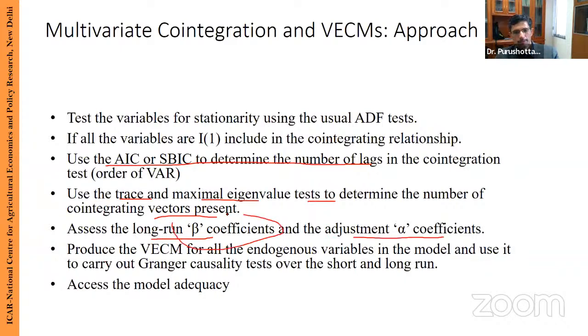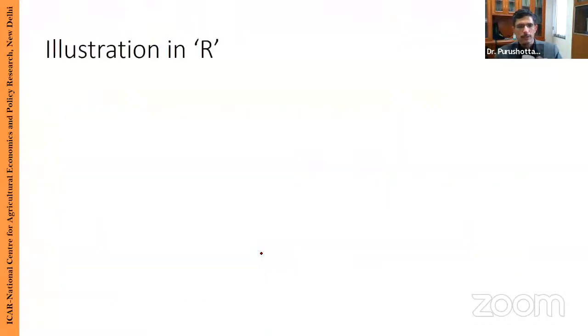This long-term coefficient, as we have seen, should be -1. And whether there exists long-run Granger causality; if there is cointegration in, suppose, two price series, then there must be Granger causality to one series. And then we are going to assess the model adequacy.